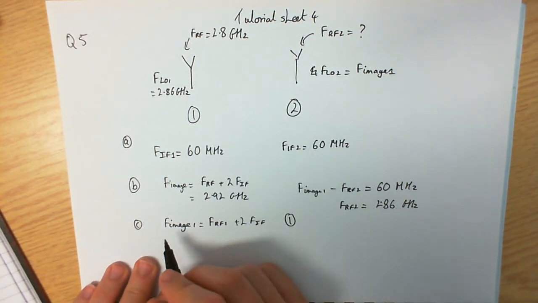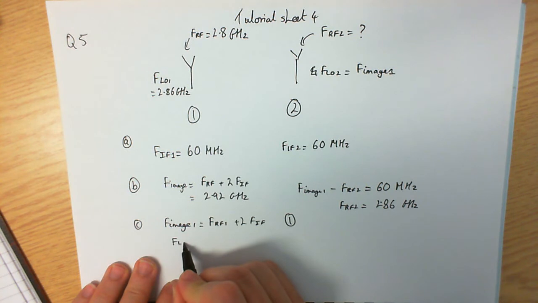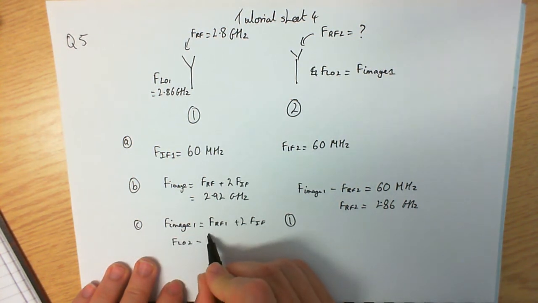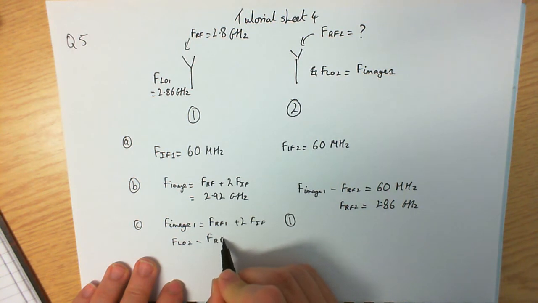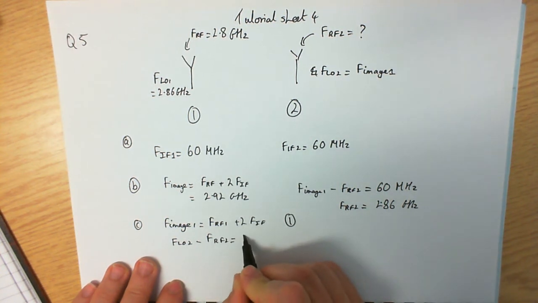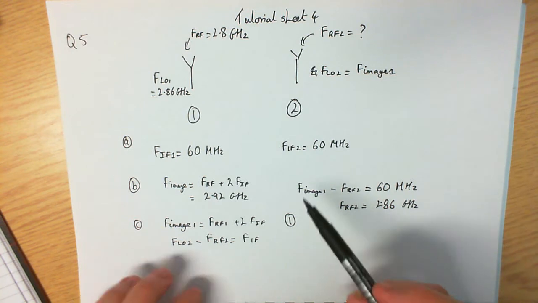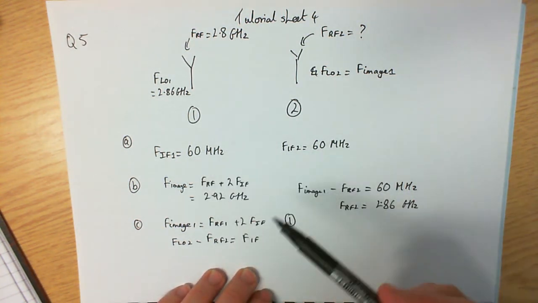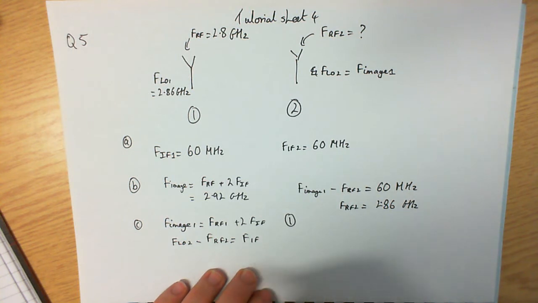We also have that the local oscillator 2 minus FRF2 has got to be equal to the FIF, because FIF1 is equal to FIF2.